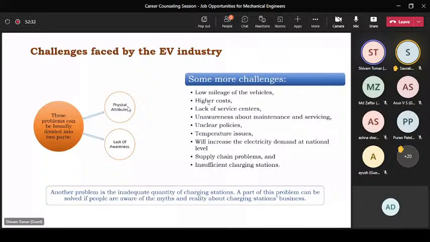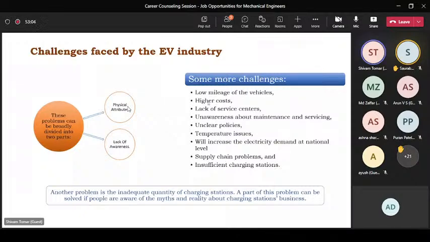In order to check the policies, you can go to the website eamrit portal.com, a government website where you can get all the policy-related news and updates. Temperature issue, as I already mentioned, India is a country where you will see a vast difference in temperature, so we are going to face that issue. All right.